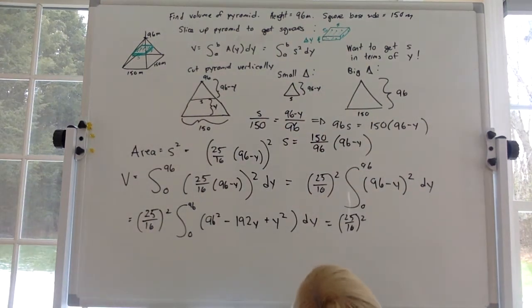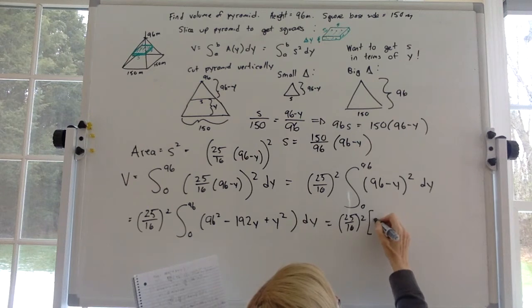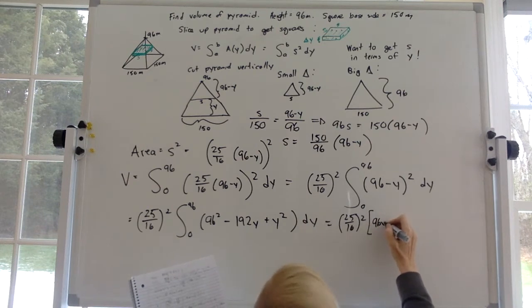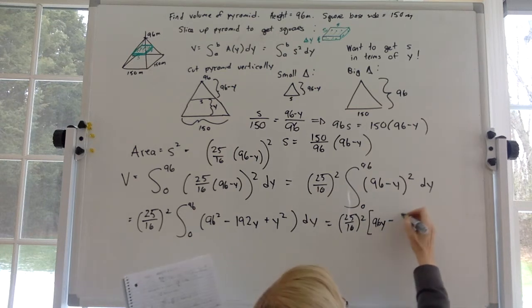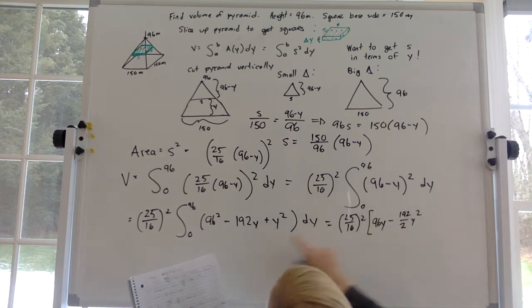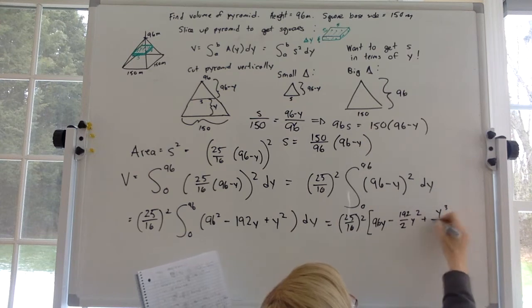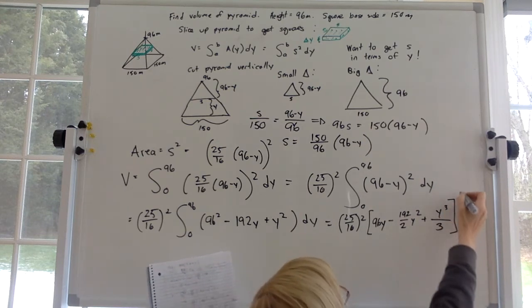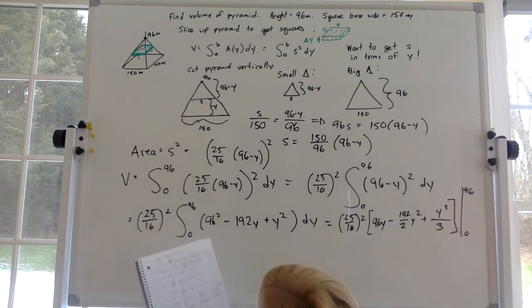The antiderivative of 96 squared is just 96 squared y, minus, you still have the 192, but you do one half y squared to take the antiderivative of y, plus y cubed over 3. That all goes between 0 and 96.